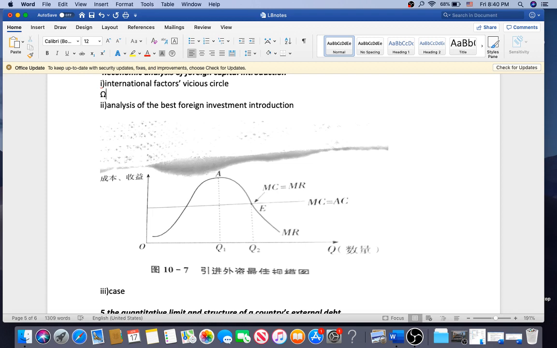If it exceeds the optimal scale, the introduction of external resources is just a loss. It can be seen from this chart in the lecture notes.